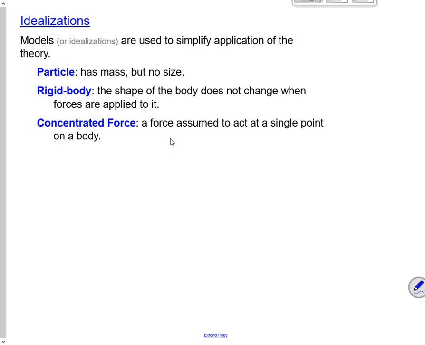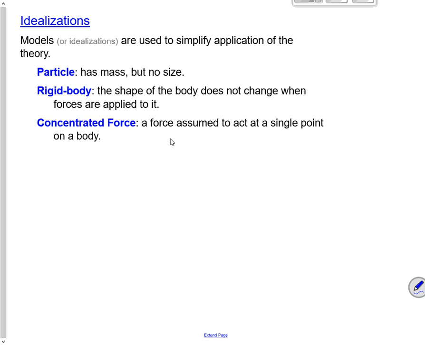We use a number of models. The most important ones we use, these are just idealizations to help us simplify problems. The first is a particle. We'll start off talking about particles. A particle is an object that has mass, but it has no size. It's a mathematical point. Then we'll extend our idea of an object to be a rigid body.